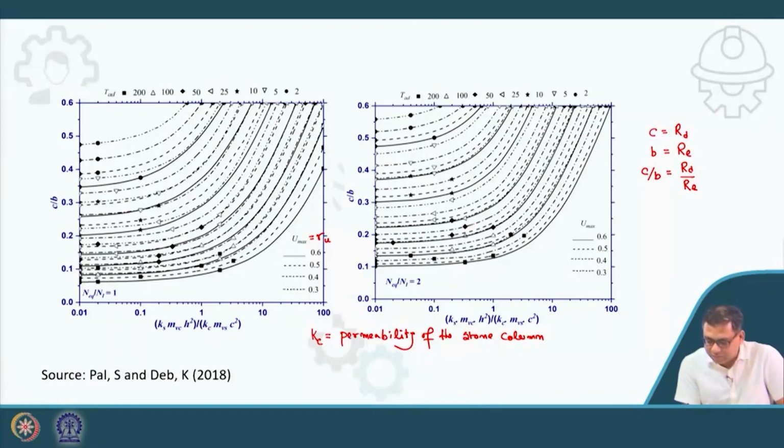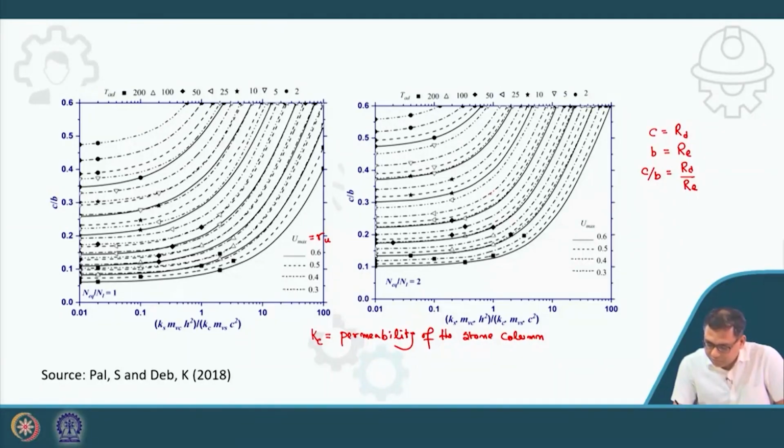So ours is this one, the flat triangle of white dot. This is for 0.3, this is for 0.4, this is for 0.5, and the farthest line is 0.6. So this is our line.